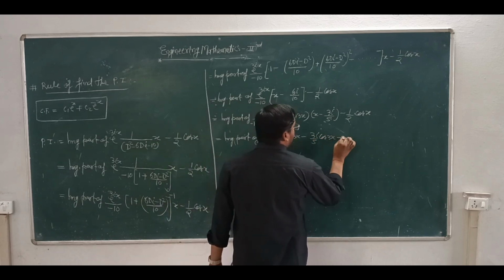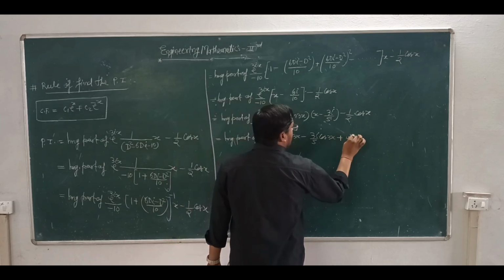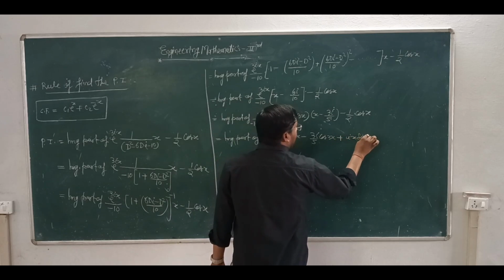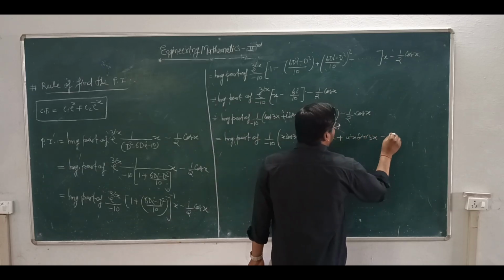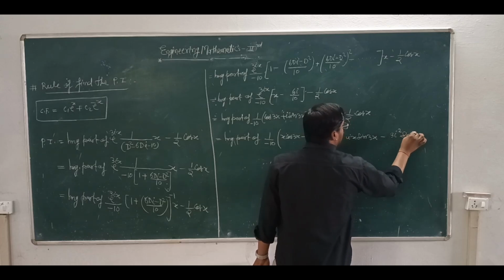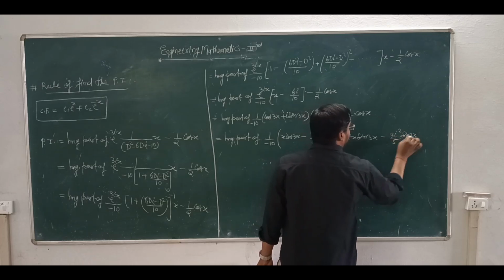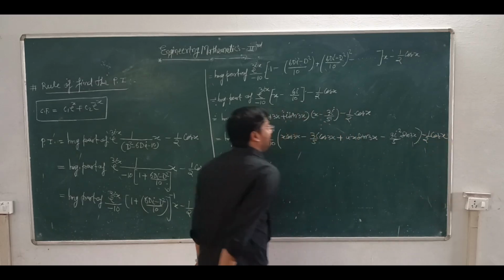Now again multiply i sin 3x. Now you can write plus i x sin 3x. Now you can multiply this minus 3i square sin 3x upon 5 minus 1 by 2 cos x.